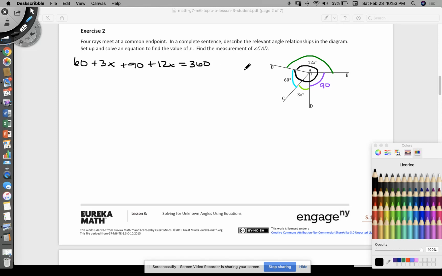It's very similar to what we just did up above. But don't forget to go back and give me this measurement and this measurement. Don't just solve for x and call it done. You need to go back in and put it back into the angle measures. All right, if you need to pause the video and come back to this one, you may, and I will work with you on example 3.